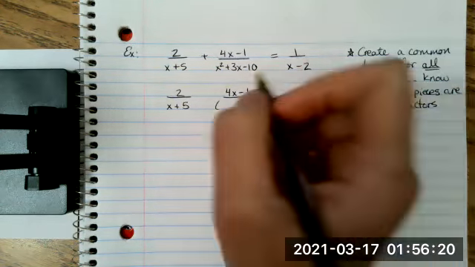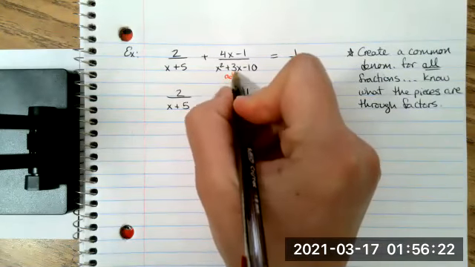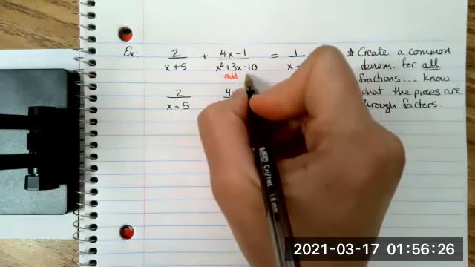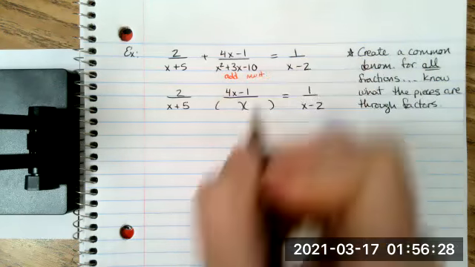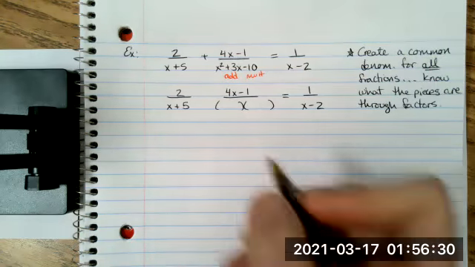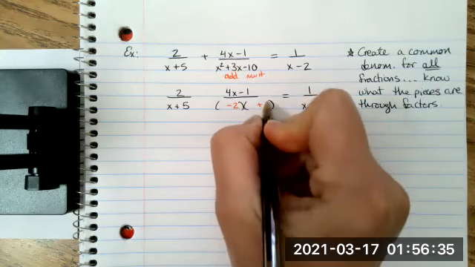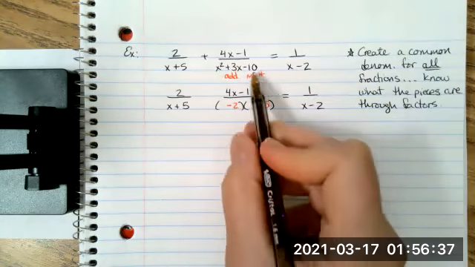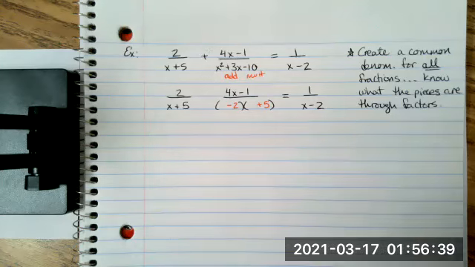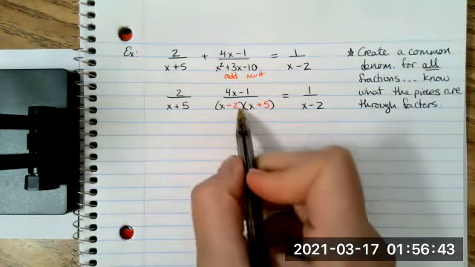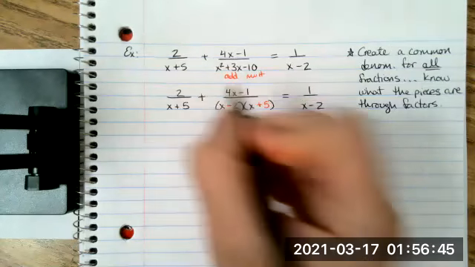It needs to be factored into the two pieces that would add to 3x and multiply to -10. Well, those two pieces would be a -2 and a +5. Multiplies to -10, but adds up to +3. So there are the factors right there, x minus 2, x plus 5.